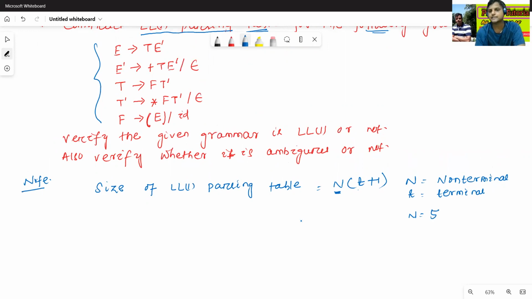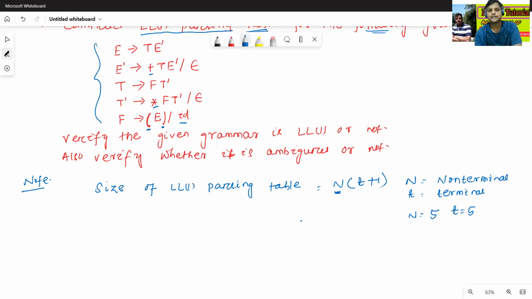How many terminals are present? Plus, star, open bracket, close bracket, and ID. There are 5 terminals.